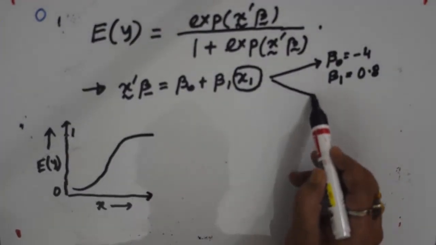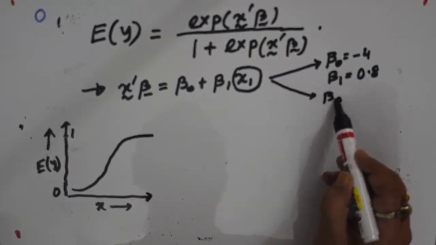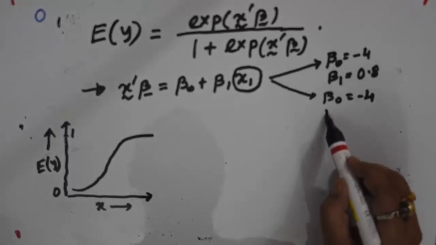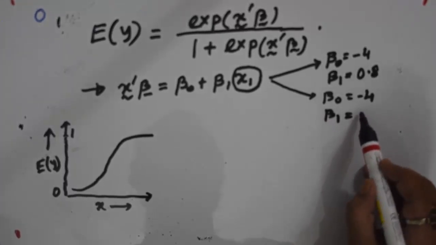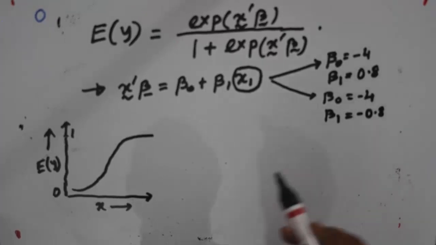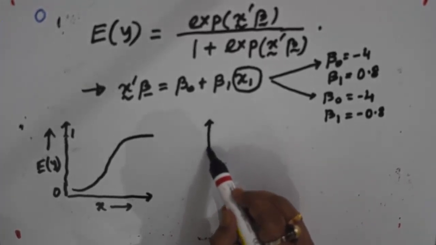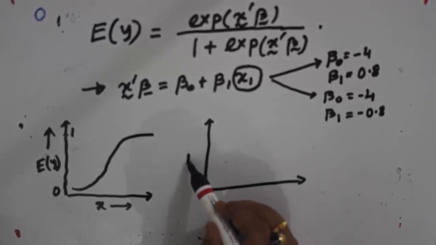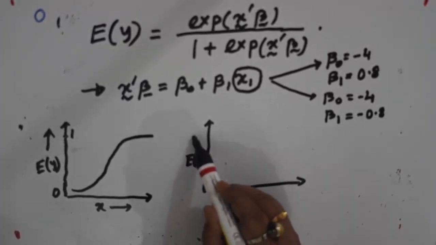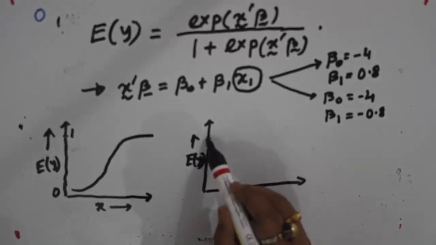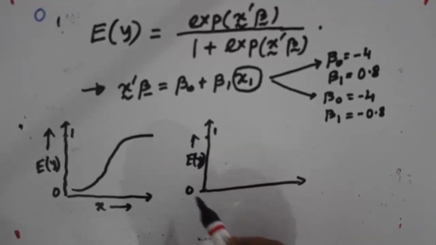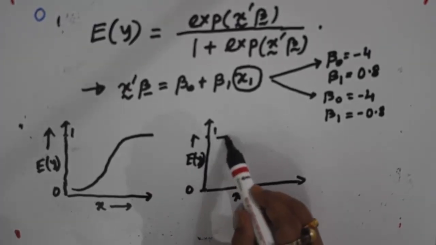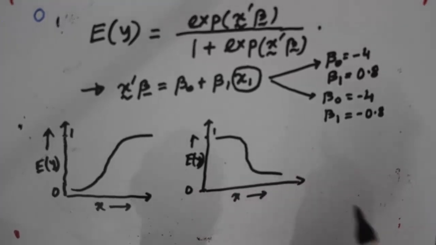And if you take another set, beta naught equal to -4, beta 1 equal to -0.8, then this curve looks like this.